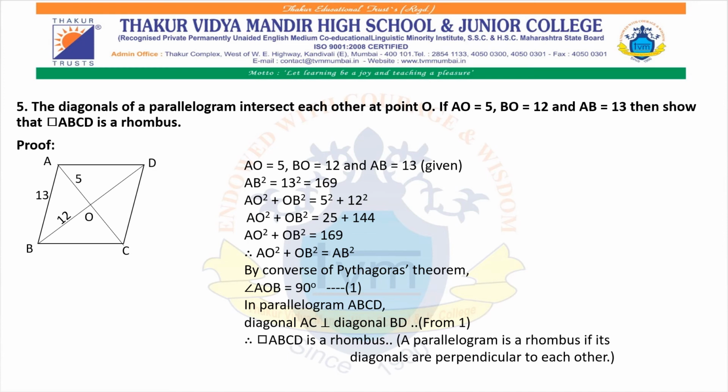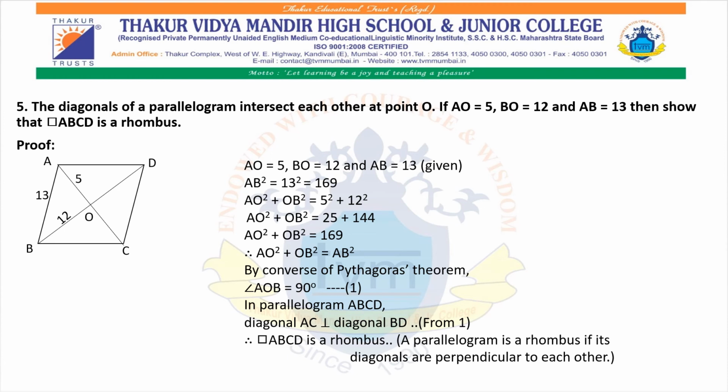So AB square is equal to 13 square is equal to 169. AO square plus OB square is equal to 5 square plus 12 square, which is equal to 25 plus 144 is equal to 169. Therefore, AO square plus OB square is equal to AB square. By converse of Pythagoras theorem, angle AOB is 90 degrees.